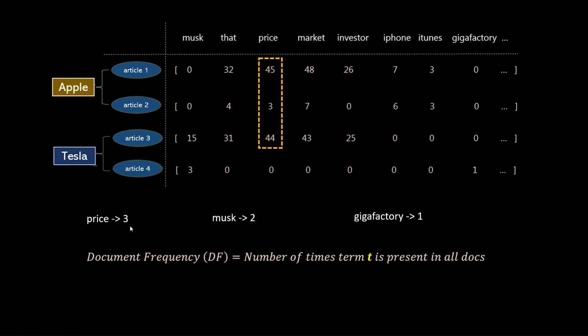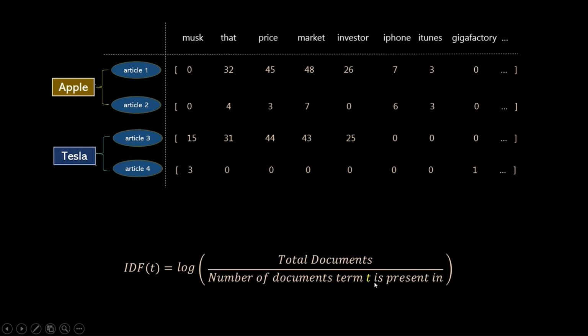For this, some scoring mechanism will be used. This can be done using inverse document frequency. This is called IDF of the term t. We will take the log value. What is this IDF? It's not a simple inversion, 1 by. We take the total number of documents divided by the number of documents in which that term t is present, and then the logarithmic value is calculated.